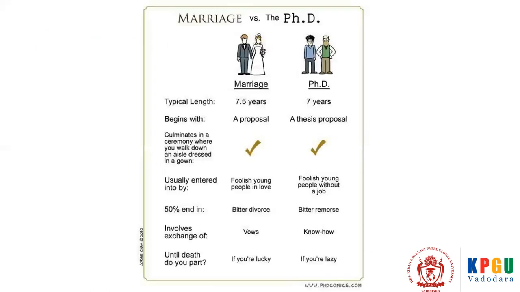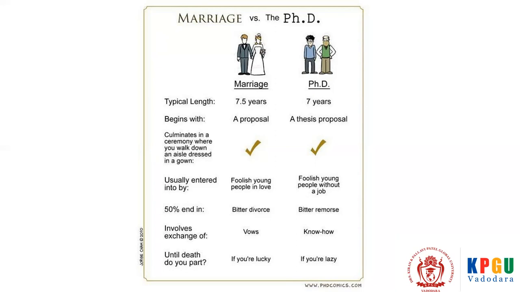A very funny comparison, just to end on a funny note: marriage and PhD both approximately take 7 years. Both start with a proposal and are usually entered by young people, and 50% end in bitter divorce.